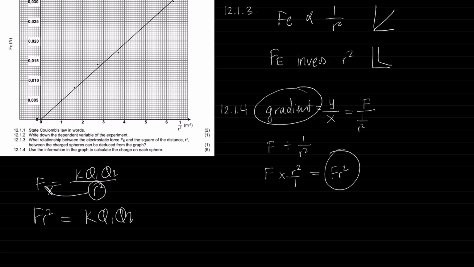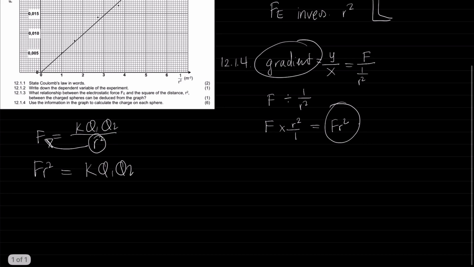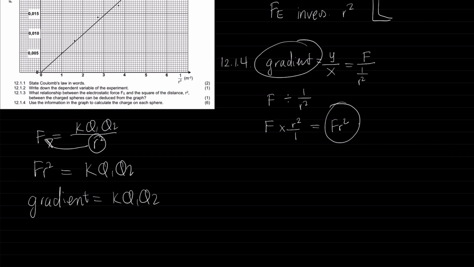And we just worked out that F r squared is our gradient. So our gradient is equal to K Q1 Q2. This is going to be useful because that's what we want. We want to work out the charge, and Q is our charge.